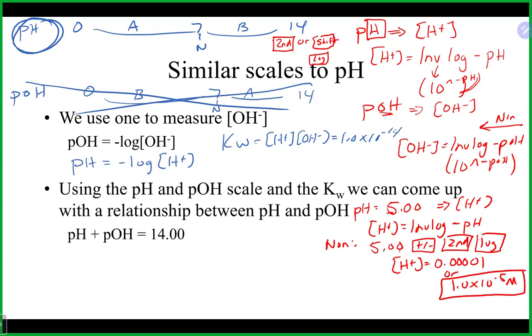Questions on that? Obviously, if you did have a display calculator, you would be going in this direction with the formula. You would be hitting the second button, the log button, the negative button, and then you would put 5 in, and then equals.